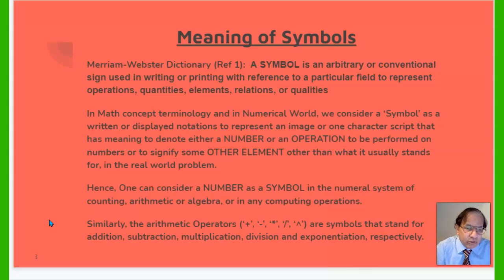Hence, one can consider a number as a symbol in the system. Similarly, the arithmetic operators plus, minus, star, slash, caret sign are used to denote addition, subtraction, multiplication, division, and exponentiation.